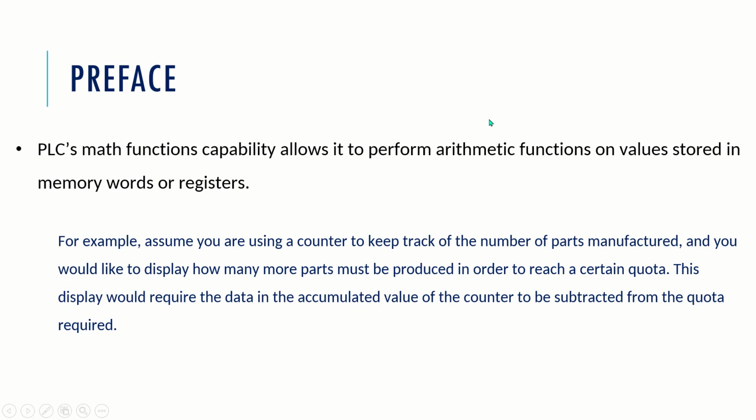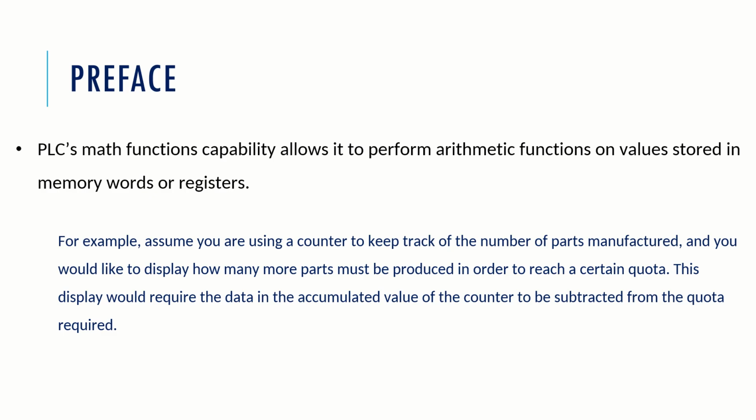Say in a particular batch production, a certain quota requires 100 parts to be produced. The plant supervisor wants a display so that when each part has been manufactured and certified, the display will show that initially it will show 100.